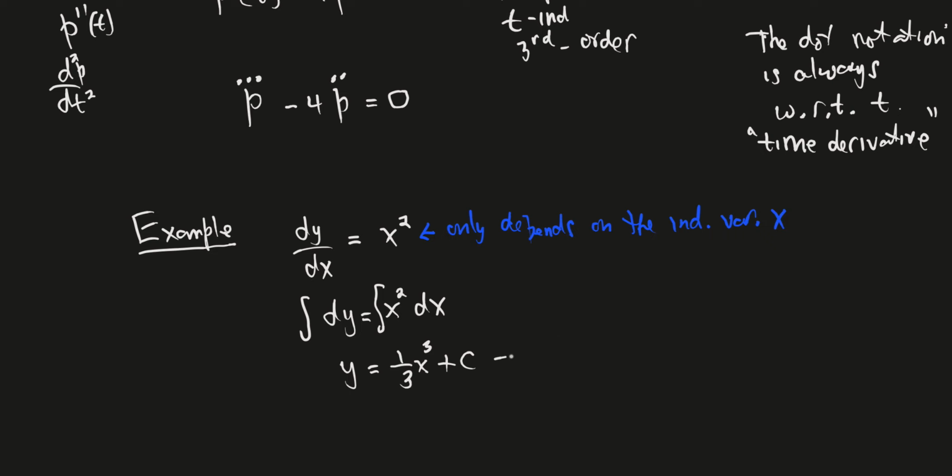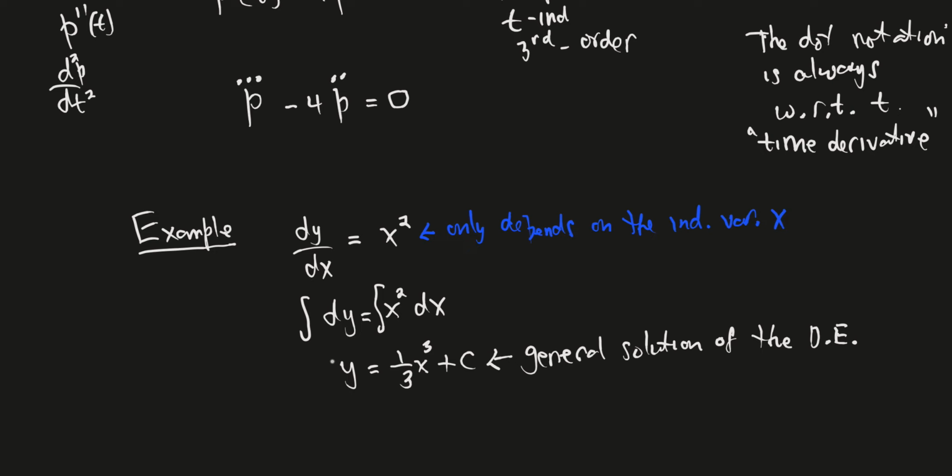So this is actually referred to as the general solution of this DE, right? In other words, it's all the possible functions that if I were to differentiate them with respect to x, I would get x squared. So this is the general solution.